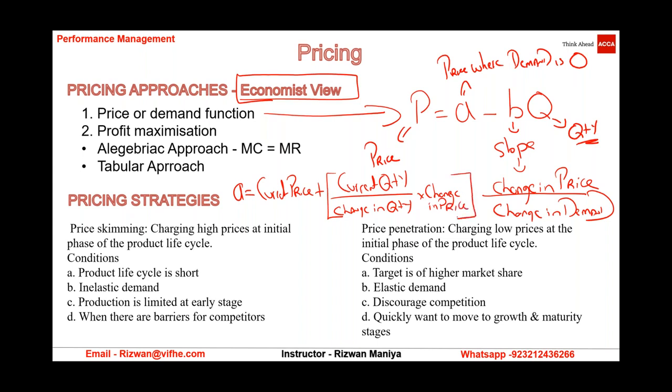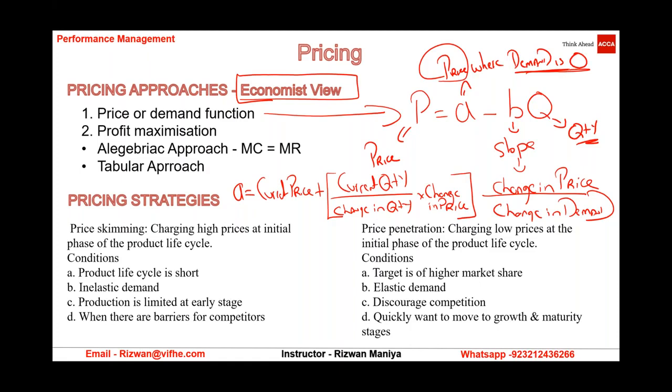So these are the formulas to find out A and B value. A is the price where demand gets 0, and B is the slope or gradient of the line.